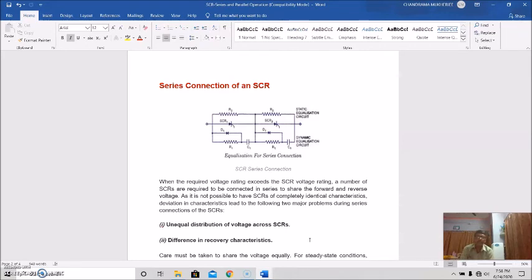Static equalization is done by connecting a resistor in parallel with the SCRs, and dynamic equalization circuits use an RC network across the SCRs, and diodes are connected in parallel across the R of this snubber circuit to give the dynamic equalization.